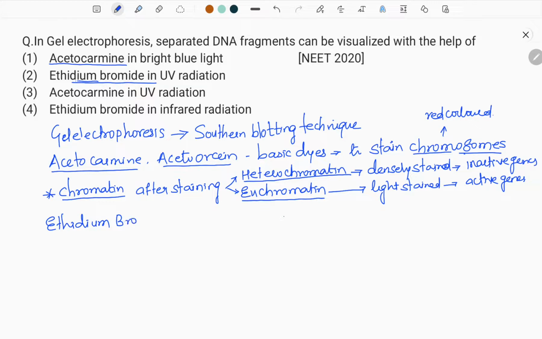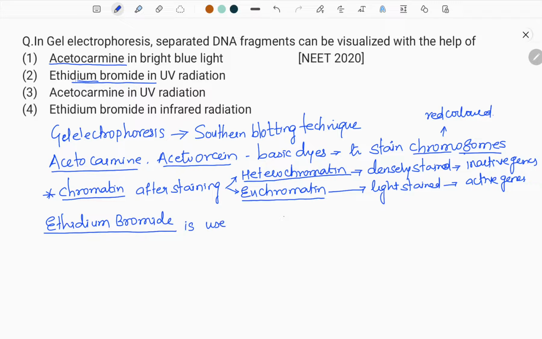Ethidium bromide is also a dye. In fact, it is a non-radioactive cellular marker for identifying and visualizing nucleic acid bands in electrophoresis.